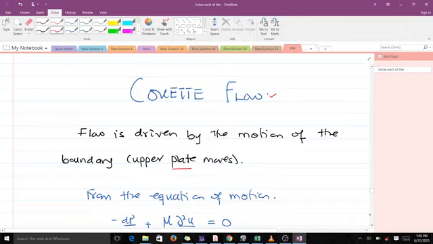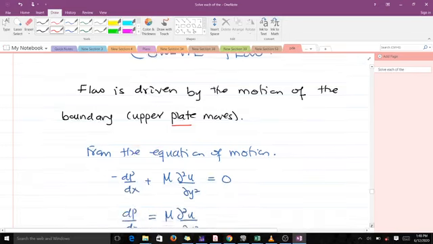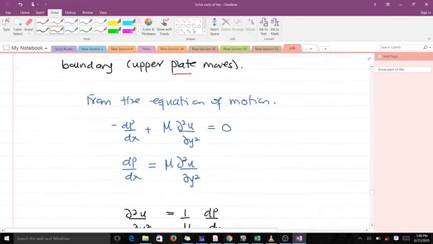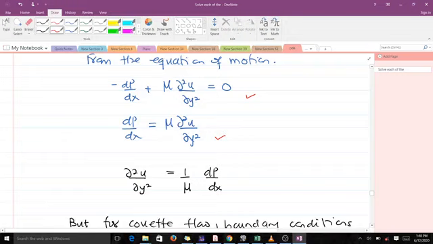So now we are going to derive the velocity profile, shear stress, and the rest for the Couette flow. From the equation of motion, minus dP/dx plus mu del squared u over del y squared equals 0, which we've already discussed in the pulsate flow. When you make dP/dx the subject, the negative sign goes away. And making del squared u over del y squared the subject, we get this.